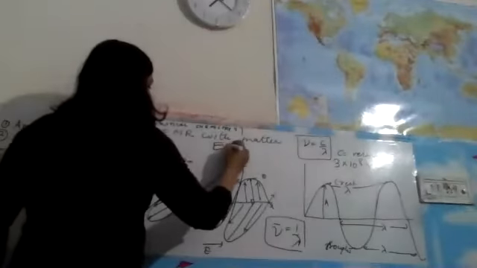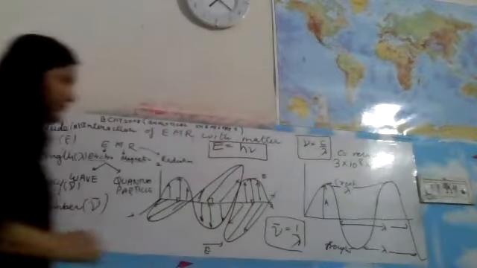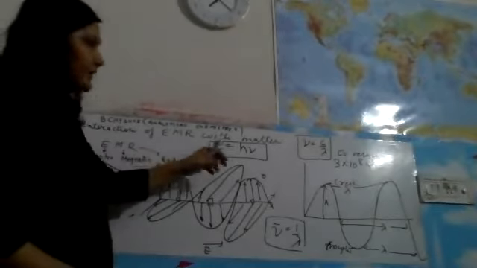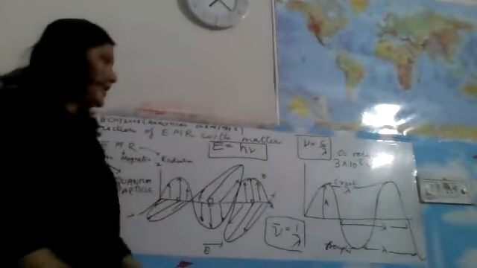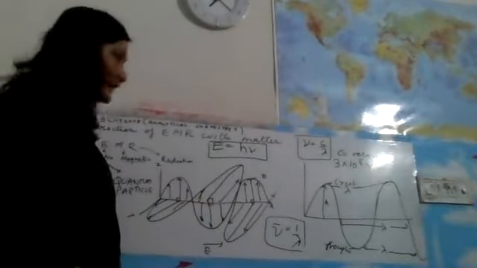The energy of wave can be written as E is equal to h nu, where h is your Planck constant and nu is your frequency. Then how is energy related to the wave number and wavelength?